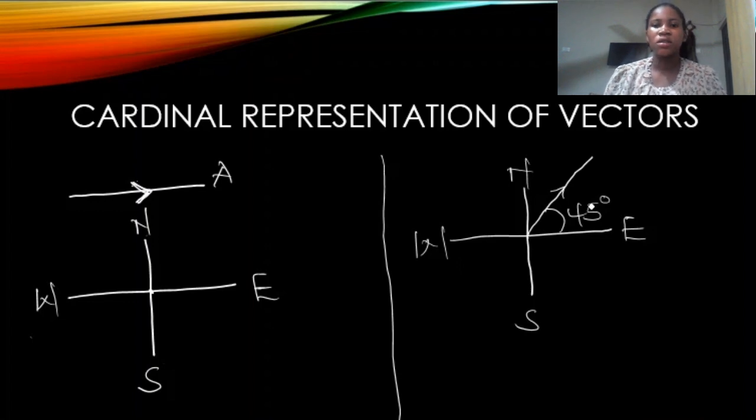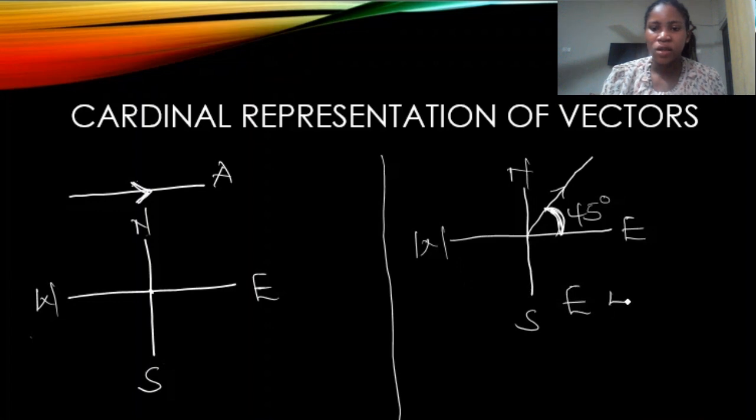People say this is northeast because it's between the north and the east. But specifically, this vector shows that it was going from the east to the north, inclined at an angle of 45 degrees.